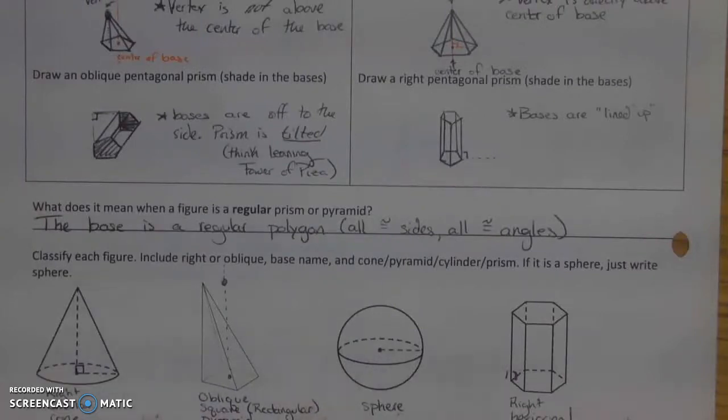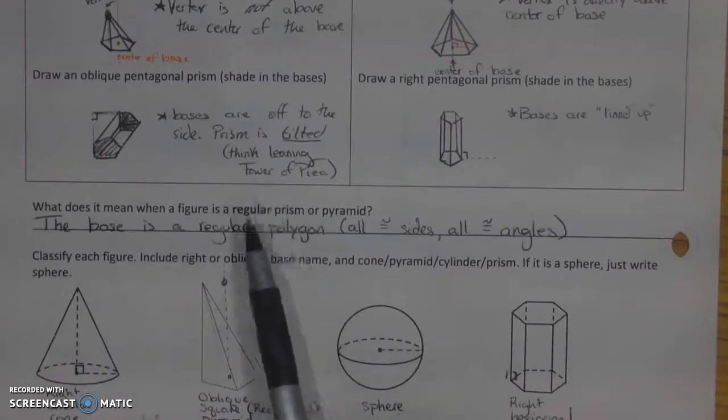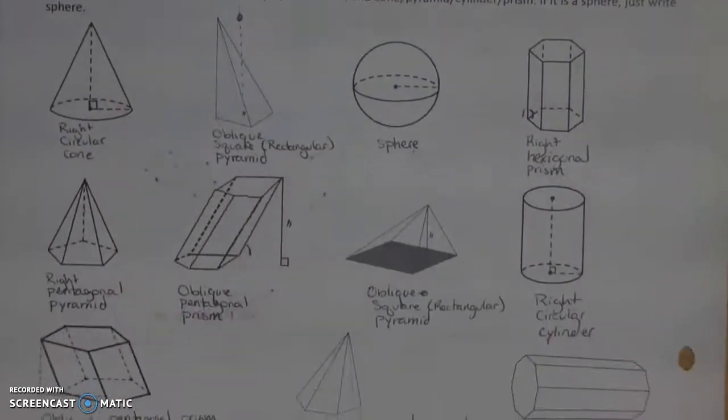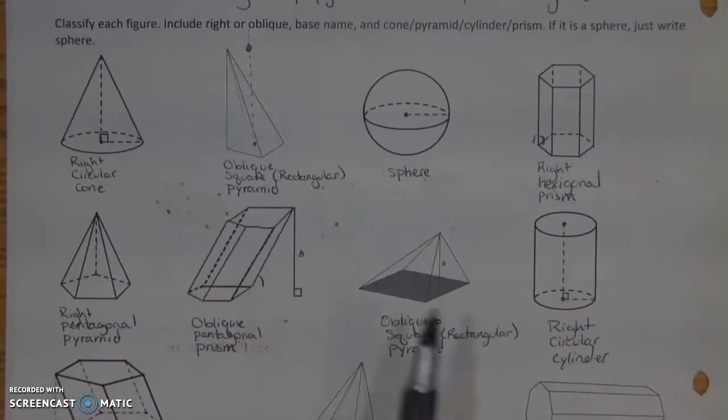When you're classifying, regular can come in handy because it's going to give you more information than just saying, okay, well, I have a hexagon base. If you know something is a regular hexagonal prism, what that's telling you is that you'll have all these measurements that you'll be able to mark in. And we always want as much information as possible in geometry because it's going to let us solve a lot more things.